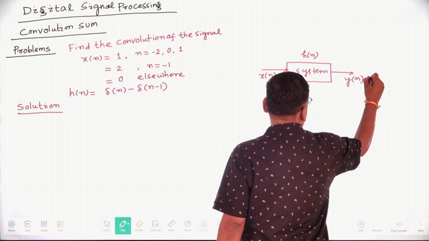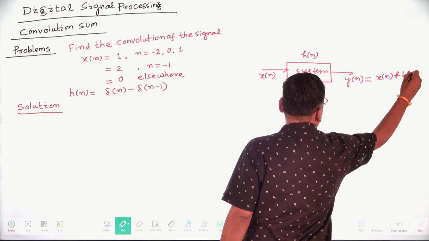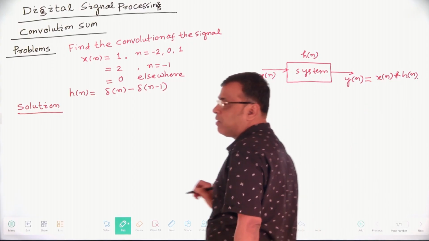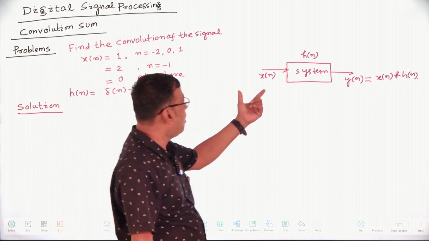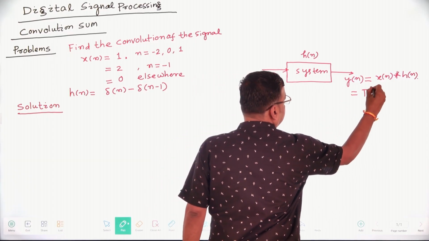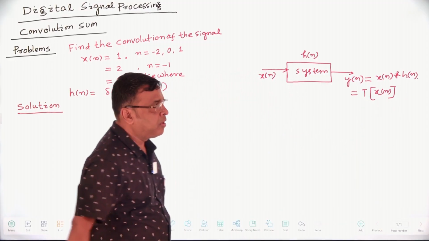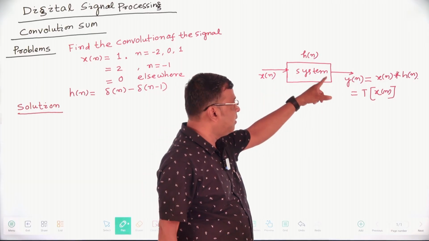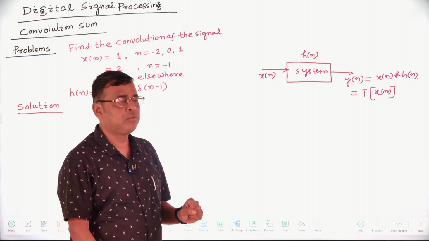So y of n is nothing but x of n convolved with h of n. In convolution sum, if x of n and h of n are given, we have to find the response of the signal, that is y of n.